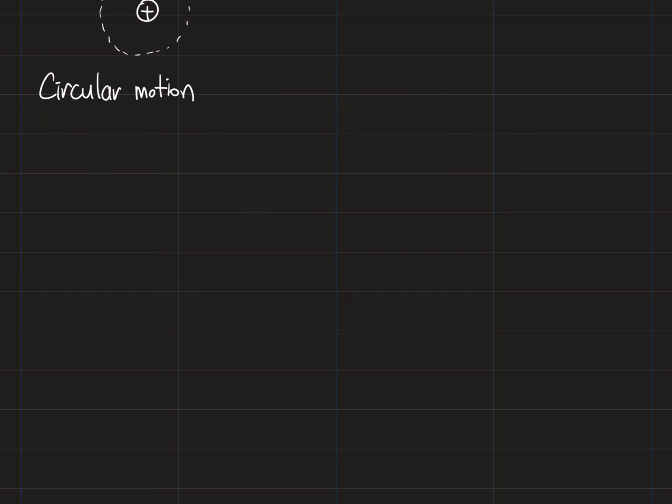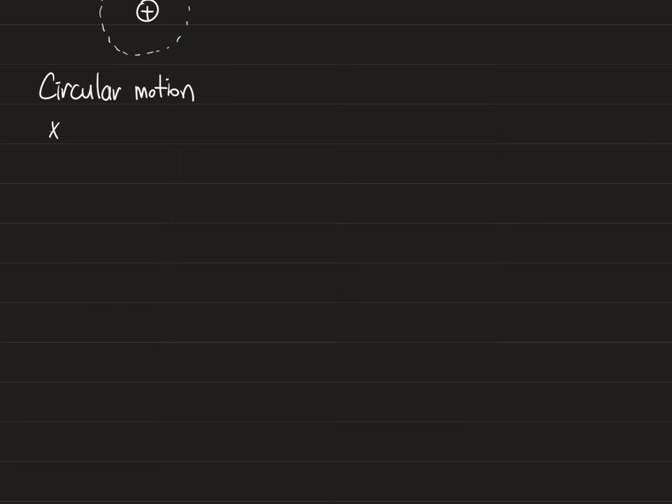So let's start with something familiar, like linear motion. If an object with mass m, like this, is moving at a velocity v, it has a linear momentum p, which is simply mass times velocity.